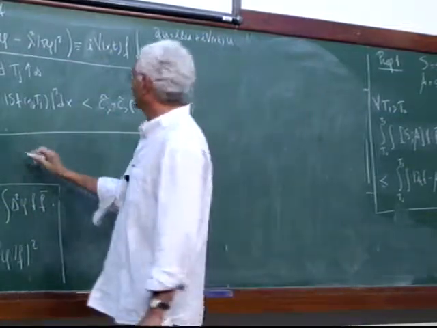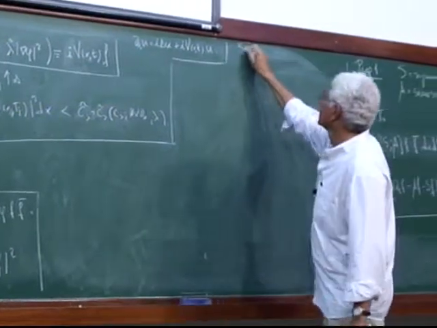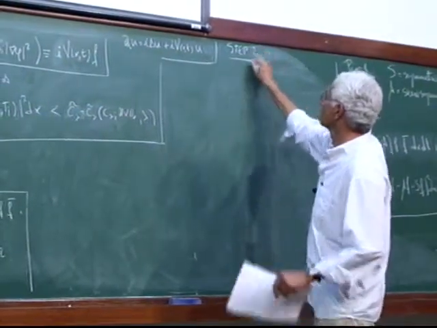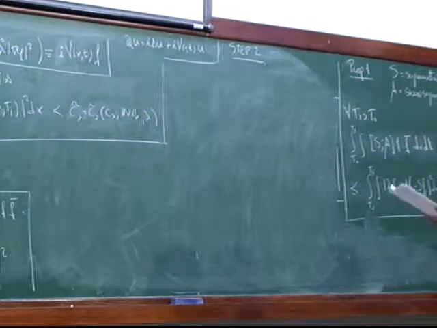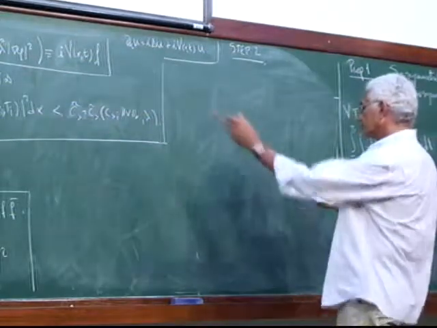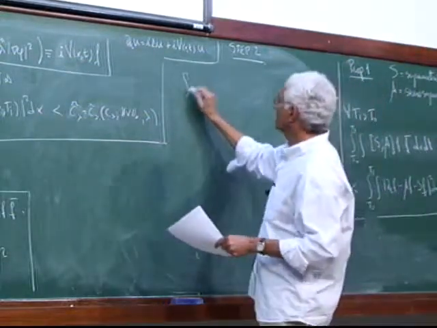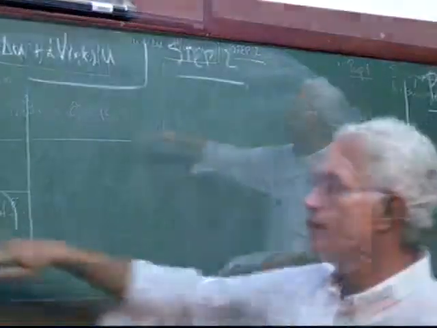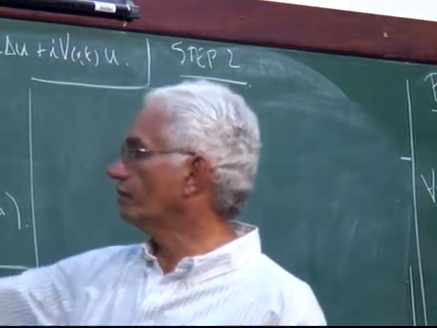Okay, what's step 2? Step 2 is that for every, then you have a sequence of times that goes to infinity where this is true.